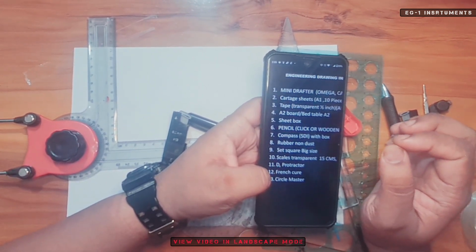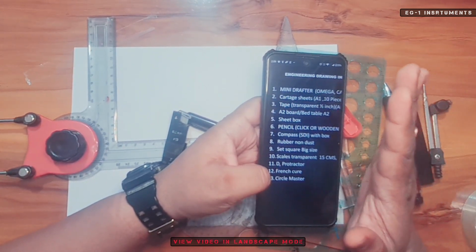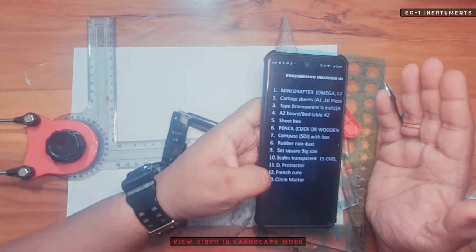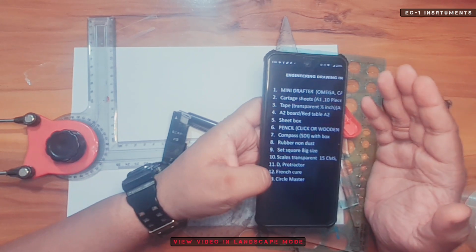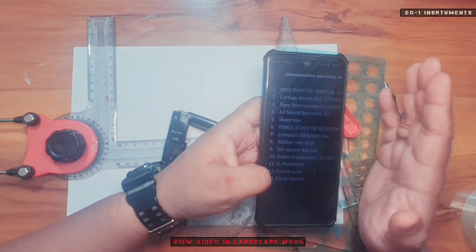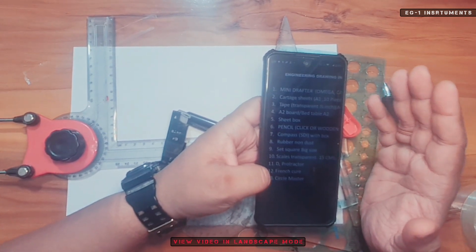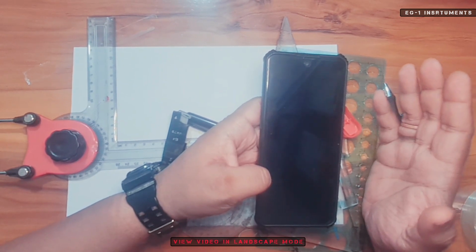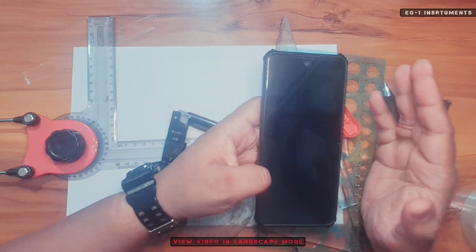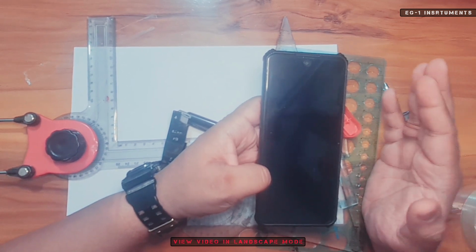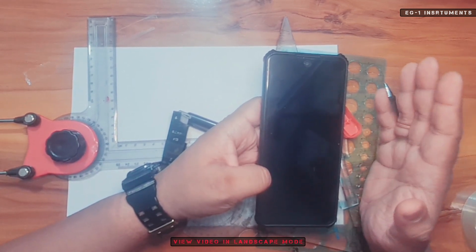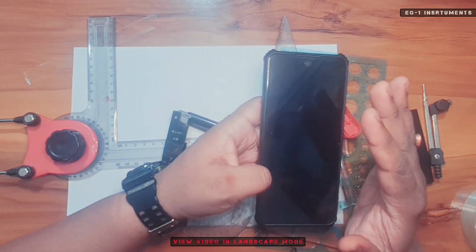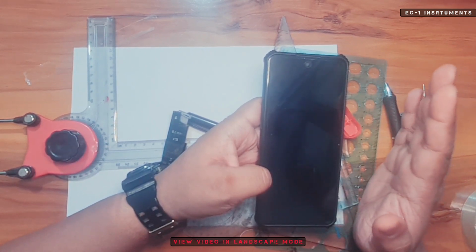I am talking about the cartridge sheet only, and if you go further you can purchase ivory sheets. They cost you 10 rupees, and in a more advanced version for drafting purposes you can go for A0 ivory sheets, and this process is infinite. You can go in any direction for the quality.